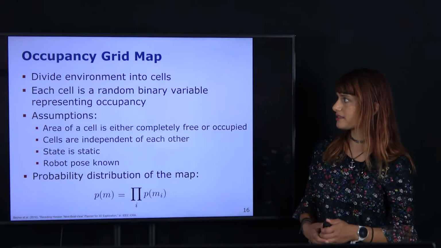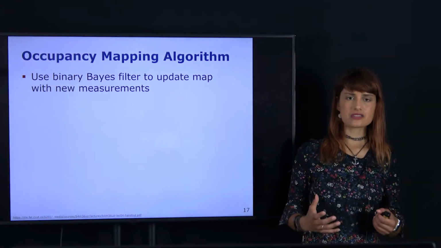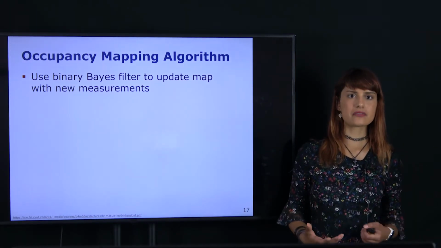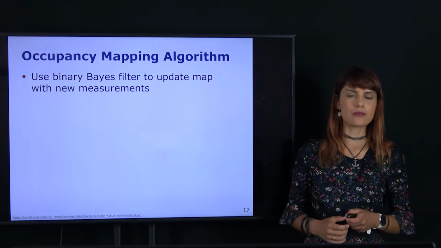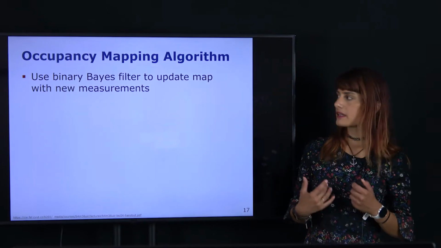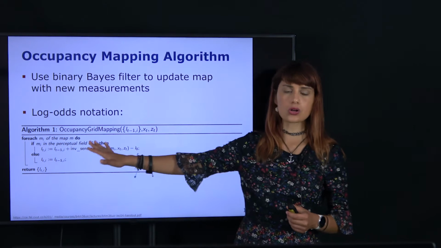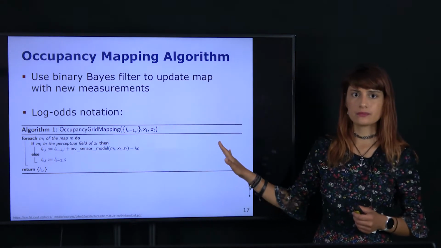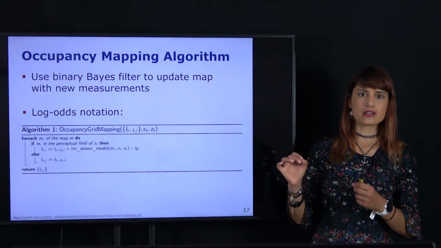Now, how do we update the map? If we receive new measurements from the robot sensor, we can use a binary Bayes filter to fuse that new information into the current state of the map. And this is often done in practice using the log odds notation of probability, which is a very efficient way of updating individual cells with new measurements.